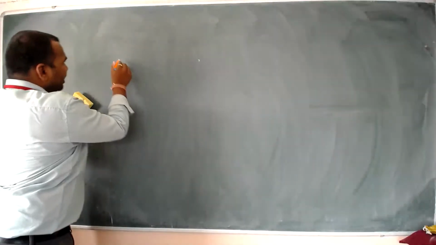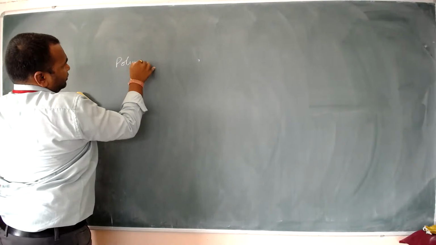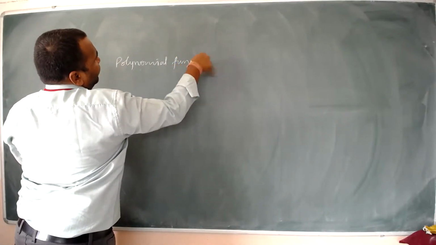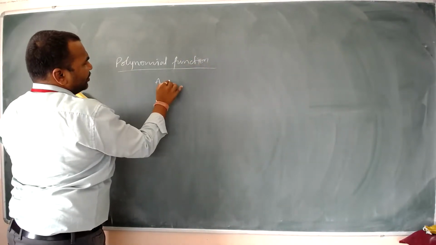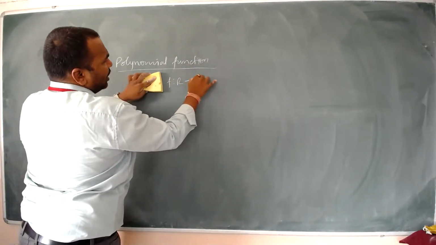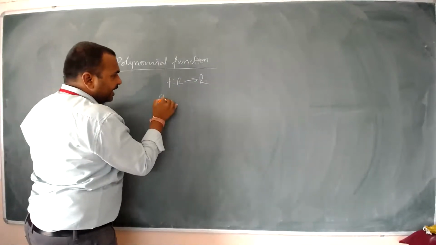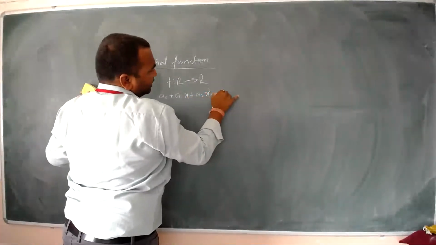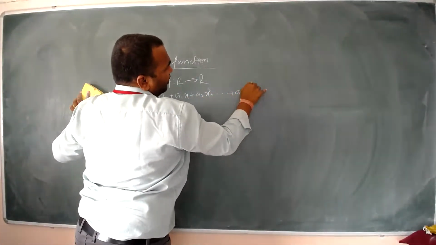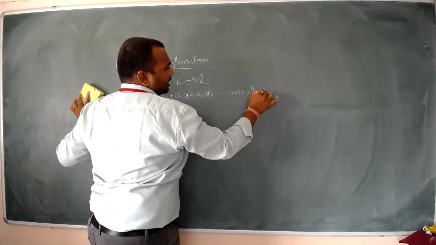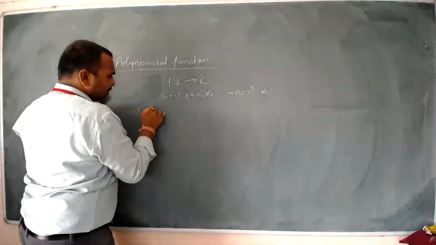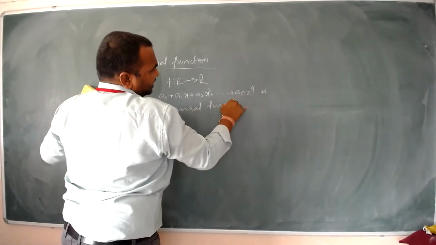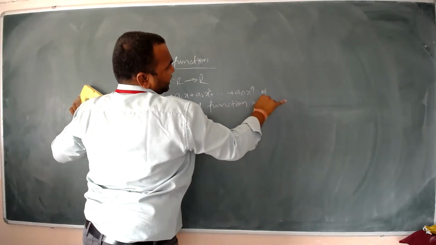Next, a polynomial function. A function f from R to R defined by a0 plus a1x plus a2x square and so on, up to an x power n, is a polynomial function in x.